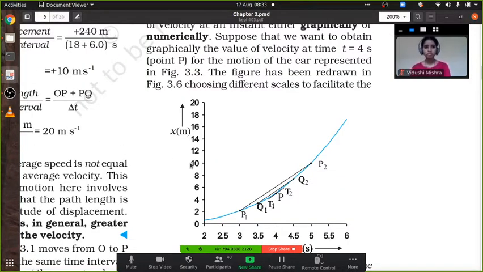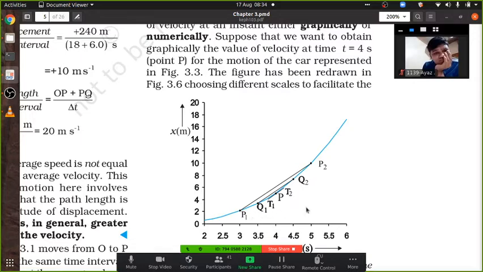What was this graph meant for? You can see on your screen. Give some stress to your brain, and in which context this was discussed. What was the topic? Instantaneous velocity and average velocity. If I take P1 and P2 into consideration, vertically I'll get the distance traveled, horizontally I'll get the time.